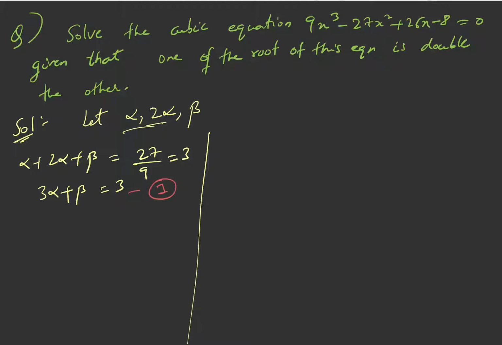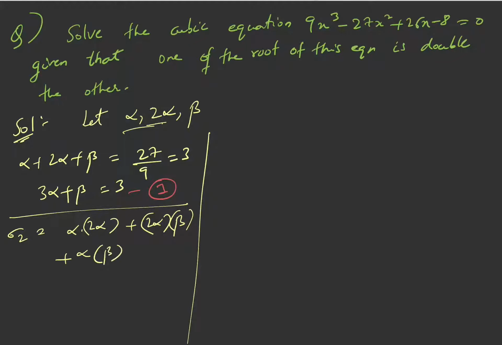Fine. Next, let us write sigma 2. Sigma 2 is alpha into 2 alpha plus 2 alpha into beta plus alpha into beta, the sum of product of roots taken 2 at a time, alpha beta plus beta gamma plus gamma alpha. So this is equal to 26 by 9, right?